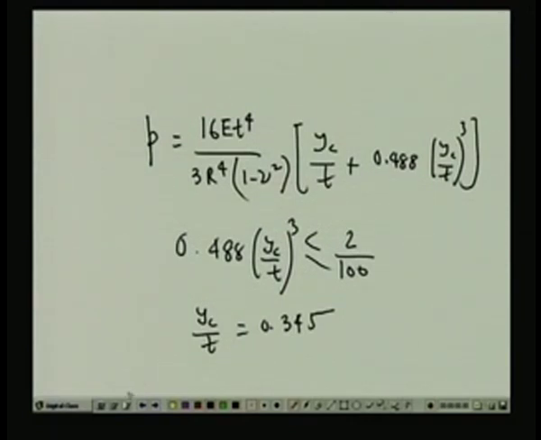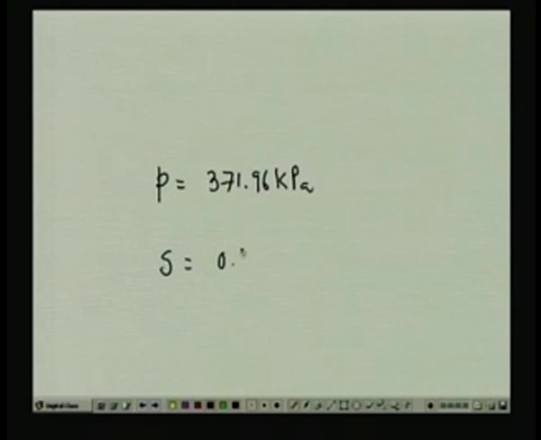So, the maximum allowable pressure from this we can write is that P, if you can compute this, we will get P equal to 371.96 kilopascal, right. Sensitivity S will be given by 0.615 into 10 to the power minus 4 millivolt per Pascal.